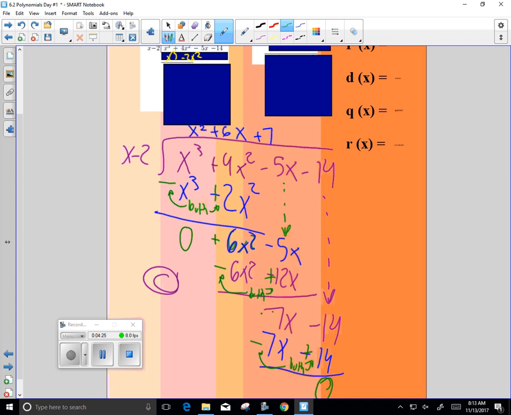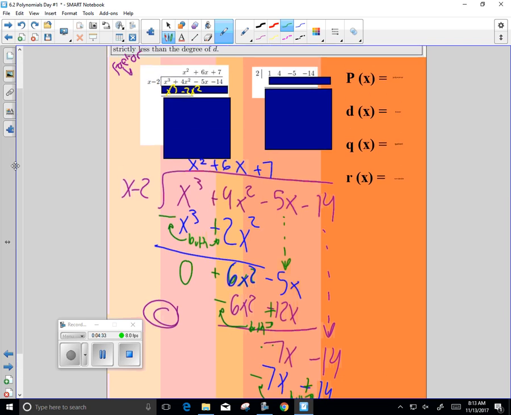Now, what does it mean if you get 0? It factors. It factors great. Okay? So what we get for an answer here is, this is the part that kind of drives people crazy a little bit, that this polynomial is equal to x minus 2 times x squared plus 6x plus 7.